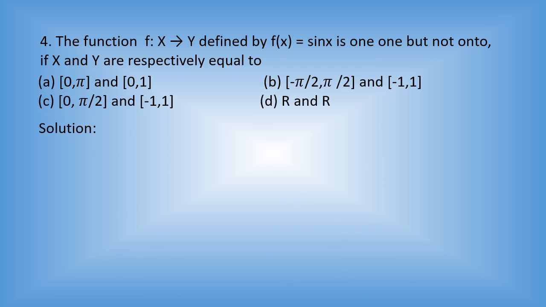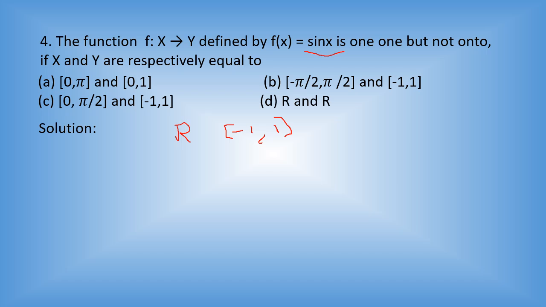So we know that the domain of the sine function is the set of all real numbers and the range for the sine function is the closed interval minus 1 comma plus 1 here. If I take the entire real number as a domain, then sine function is not a one-one function.